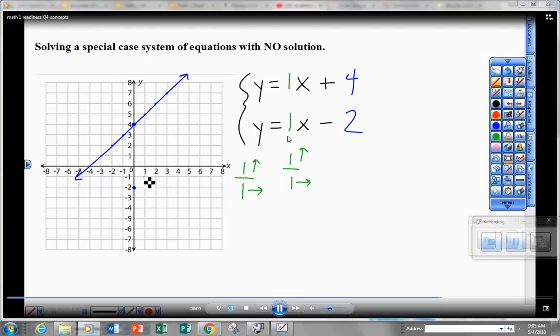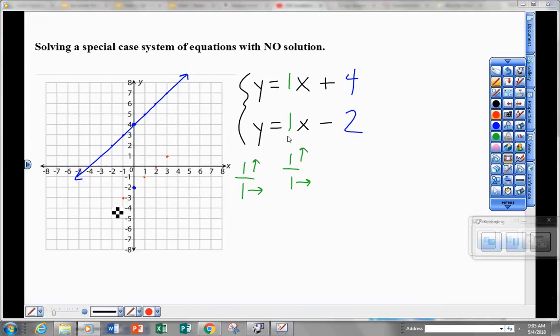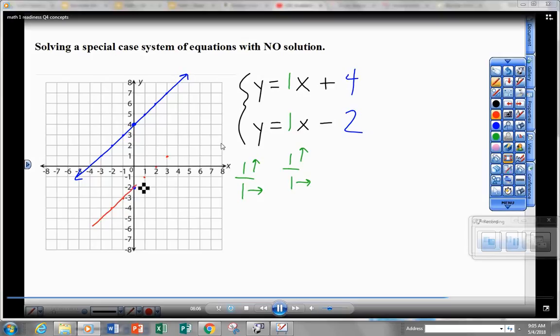Same slope, slope of 1, different y-intercept, y-intercept of negative 2, gives me those parallel lines, which is a no solution. So again, no by looking at the lines, it's no solution. No by looking at the equations with same slope and different y-intercepts, no solution.